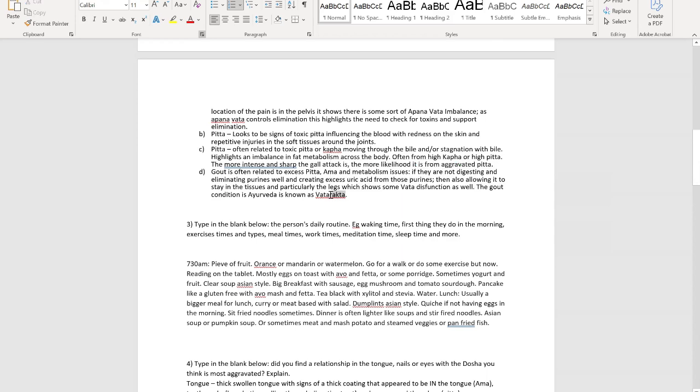And we'll look at understanding this relationship between how the doshas, vata, pitta, and kapha, influence metabolism. And then from there, that influences how healthy are the tissues that we end up forming inside the body. So these doshas influence metabolism, and then that influences how the body builds itself.